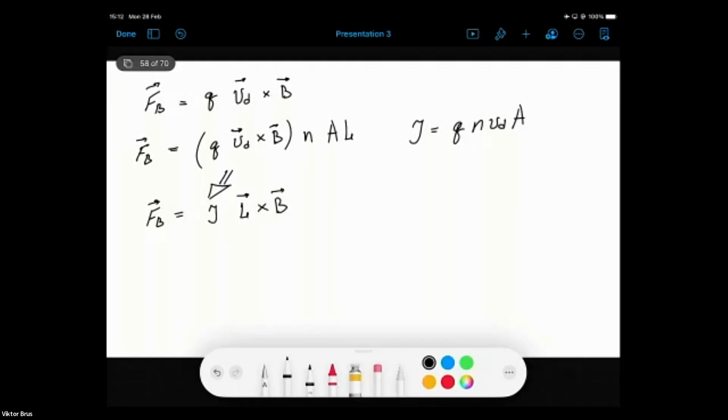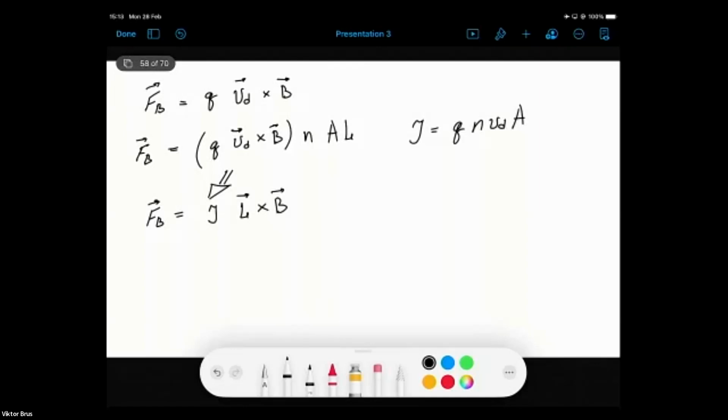That magnetic force exerted on the segment of a conductor will be defined by magnitude of electric current and cross product of two vectors. Magnetic field vector, it's clear what it is. This L, capital L vector, is the vector which points into the direction of electric current and has magnitude equal to the length of the segment of this conductor.